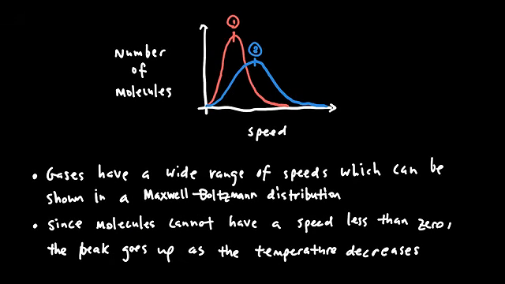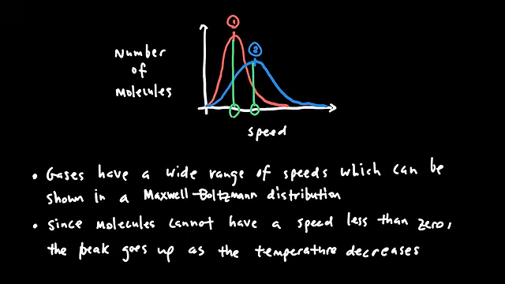Lastly, a graph that we've definitely seen a number of times that I want to point out here. Here I'm plotting the number of molecules, or the number of atoms, versus the speed. The red line and the blue line represent a gas at two different temperatures. You can see that there's definitely a peak, and those peaks correspond to a particular speed.